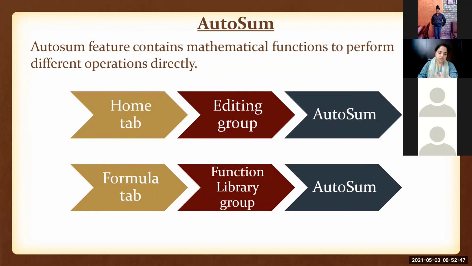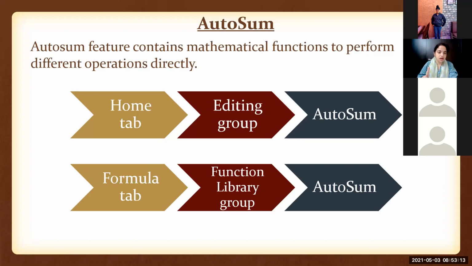Instead of opening the insert function dialog box and finding the function from a long list of functions, commonly used functions are given in the AutoSum feature or AutoSum button. This feature contains very commonly used mathematical functions to perform the operations or to do the calculations directly. Two methods to open the AutoSum function. You learn the commands. आपको commands learn करनी है.